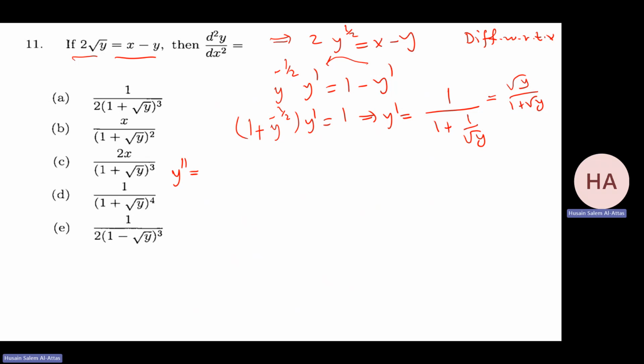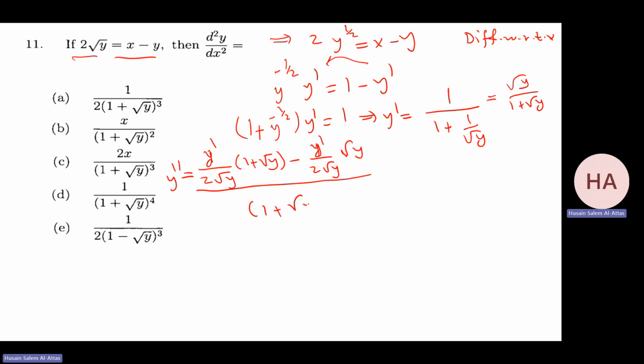It will be the derivative of the numerator, which is 1 over 2 root y times y prime, times the denominator, minus the derivative of the denominator, which is the same 1 over 2 root y, times the numerator, all over the denominator squared.